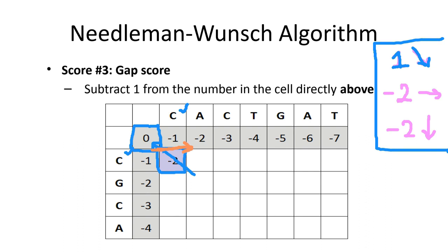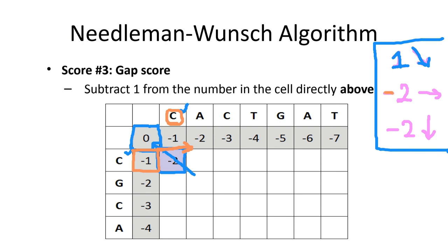It's like we're keeping this C here, but we're trying to align it with a gap. If we're putting in a gap, then it's -1 always. That's the way it goes by your scoring scheme. But it's -1 from the number that is horizontal from us. And so it's going to be this -1. So -1 minus 1 is -2. All right, that's the second number that we calculated.